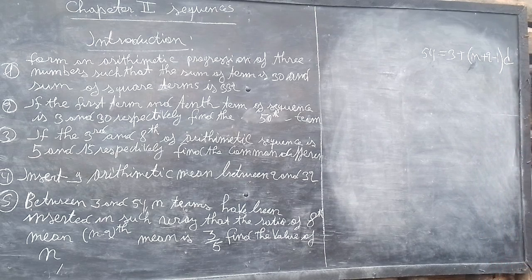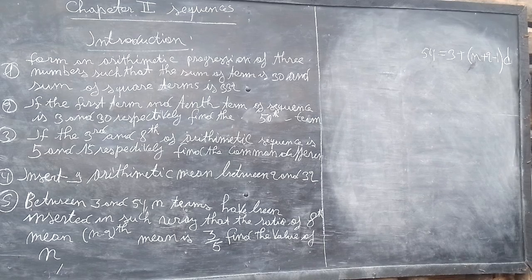If you understand this formula, the question is already solved. Why this? We are asked to find the term number. Here, this n, we are asked to find the term number. If you are asked to find the term number, or the number to be inserted in a sequence, you take n plus 2.